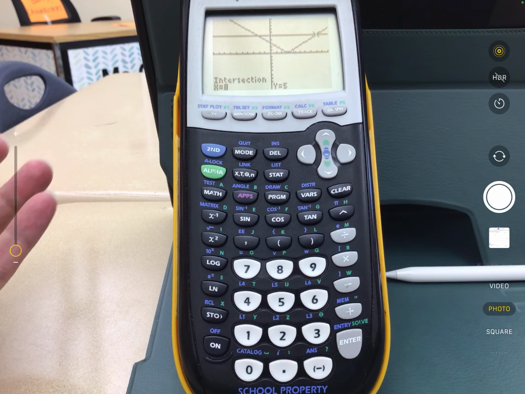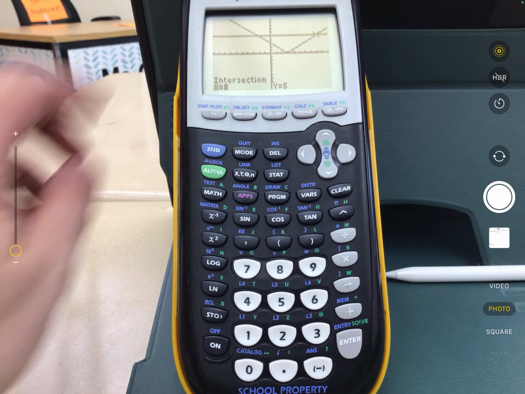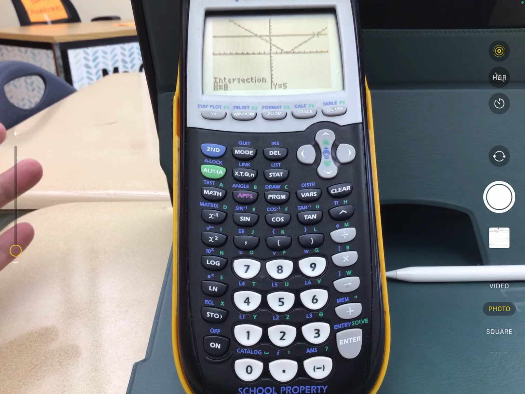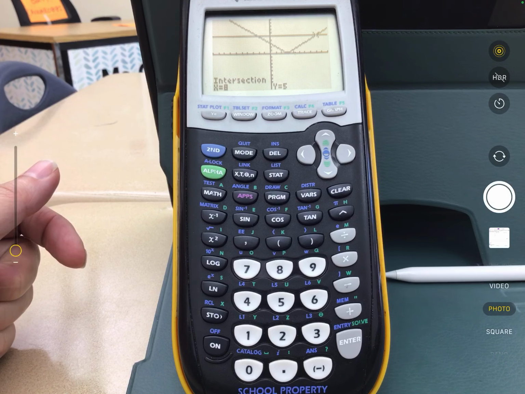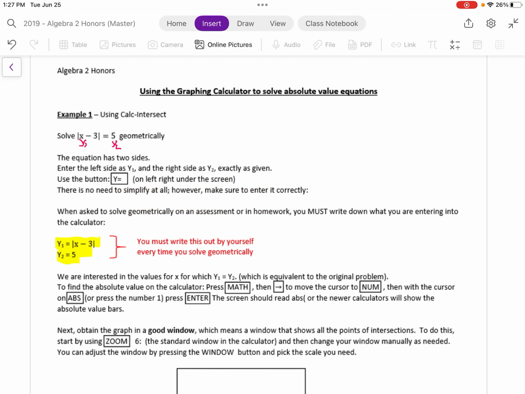It doesn't have to be exact, but like close to it. Sketch the picture, give us the points of interest, which is where the two intersect. Give us the X and the Y axis with the X and the Y scale on it, because if you had to change the window, we would need to know that. And the solution. So let me show you how to do that on here.